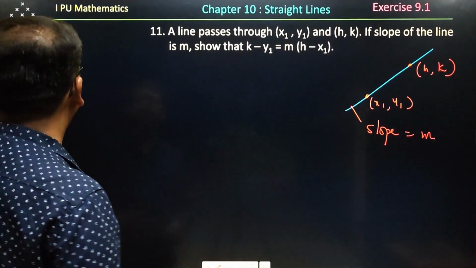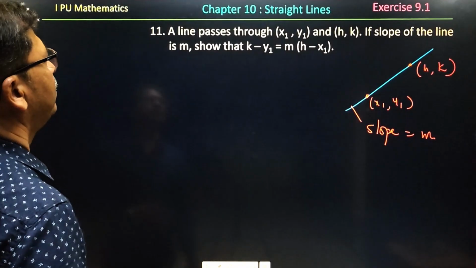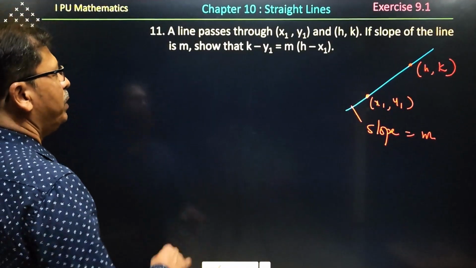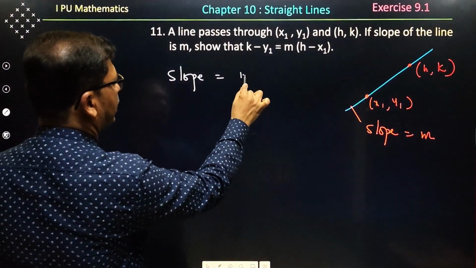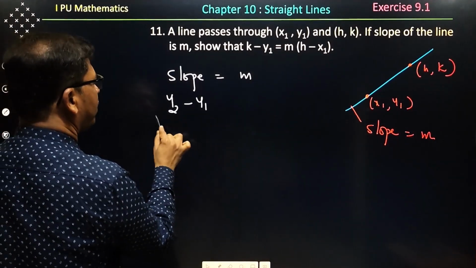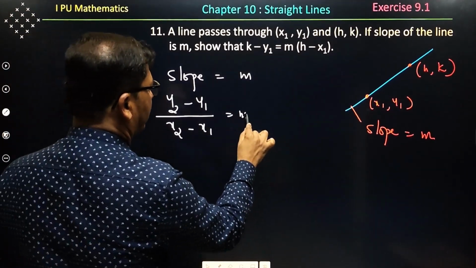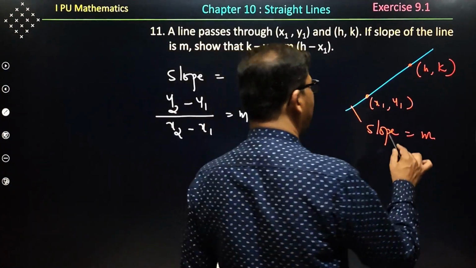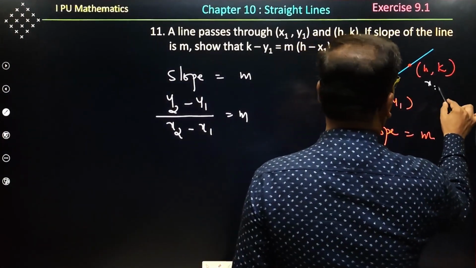Now let me take into consideration slope is equal to m. This is given. The formula is y2 minus y1 divided by x2 minus x1, and this must be equal to m. In place of x1, y1 is there; in place of x2, y2, h, k is there.